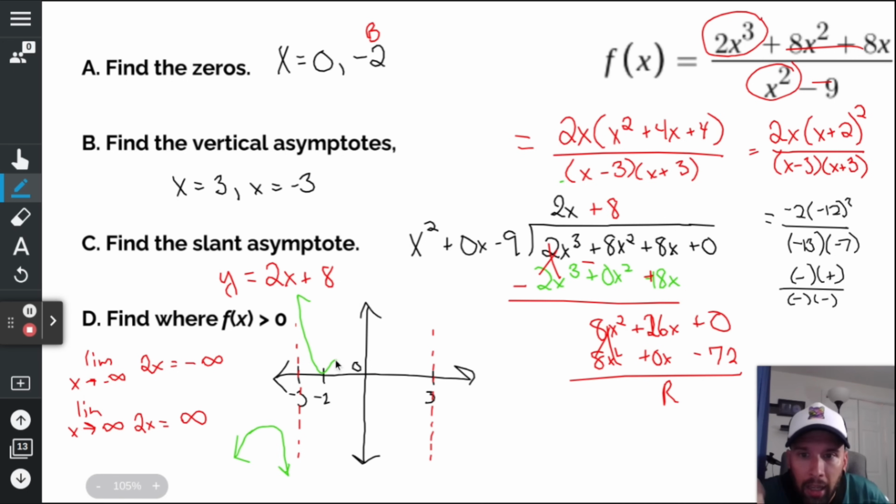At 0, I go through, and then I'm going to go downward. At +3, I have an asymptote. Since the multiplicity is 1, it reappears up here. And since the limit is positive and I'm not crossing the x-axis, it's going to look like this.